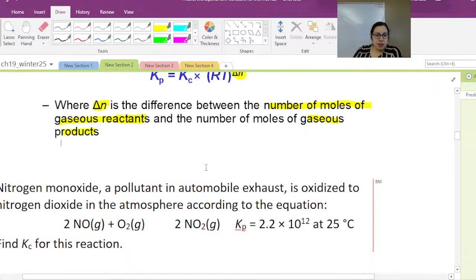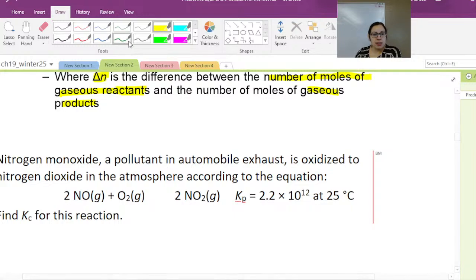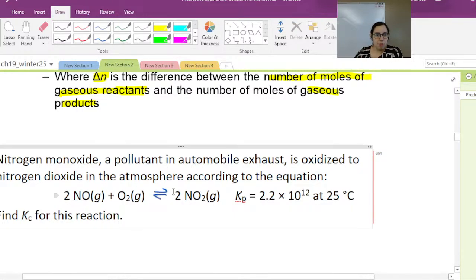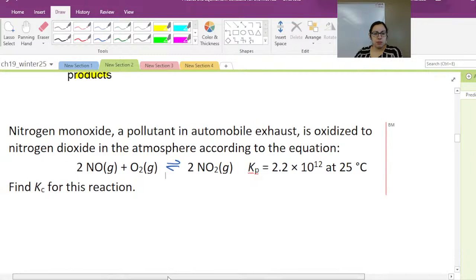All right, so then we can put this in practice. Now we have 2 equivalents of nitrogen monoxide. Note the gas phases for all of these, that's important. We're saying they're all gas phase and all included in the expression.